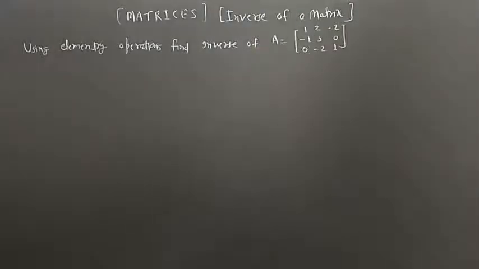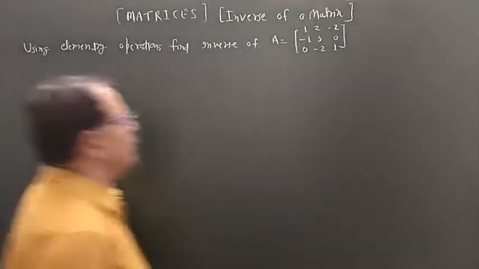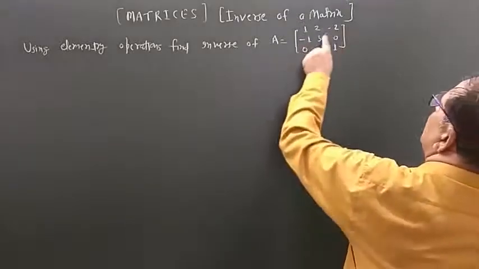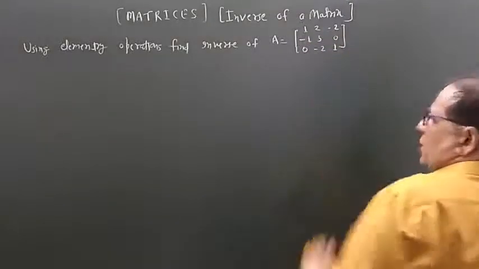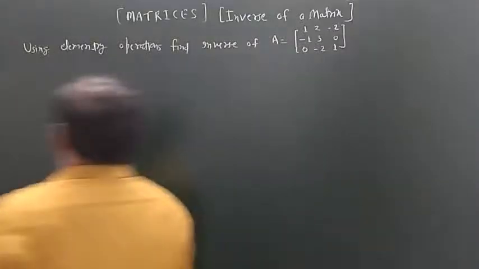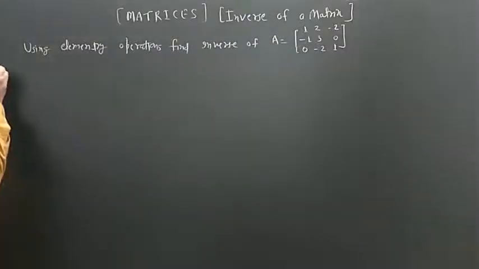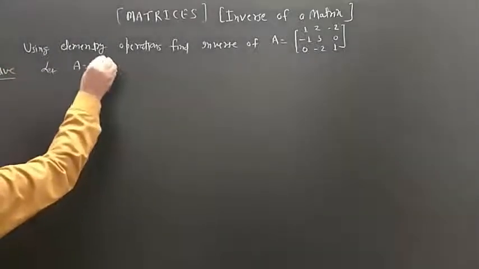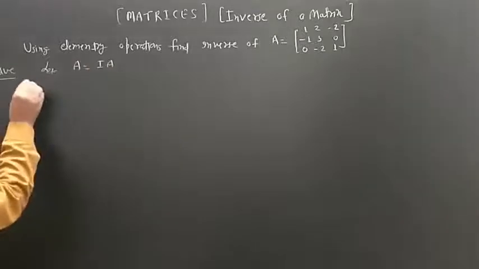Now I am taking one more problem of order 3 by 3. Using elementary operations, find inverse of matrix A, whose elements are 1 2 minus 2, minus 1 3 0, 0 minus 2 1. In this question, we are again applying elementary row operation. So start with let A equal to IA.